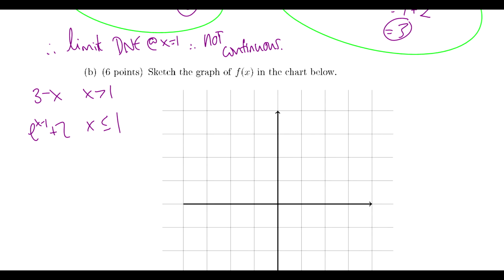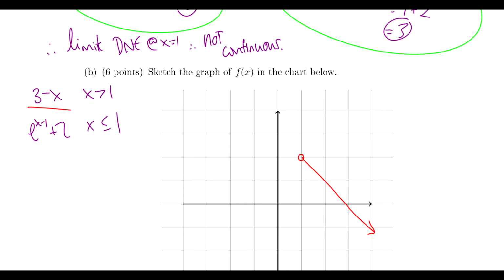So let's evaluate both functions at 1. From the right, we have 3 minus 1, which is equal to 2, because we have the answers up here. So this is going to be the start of the function 3 minus x, which is just a very nice graph that looks like this.